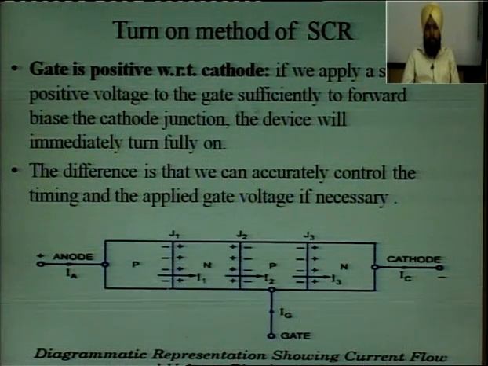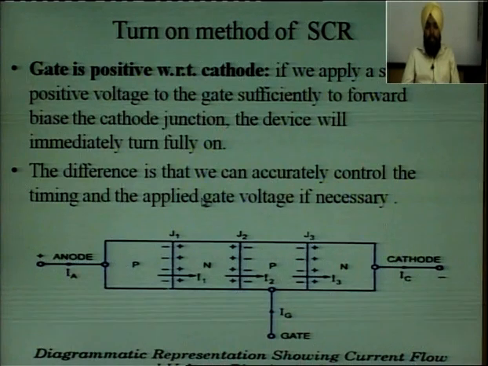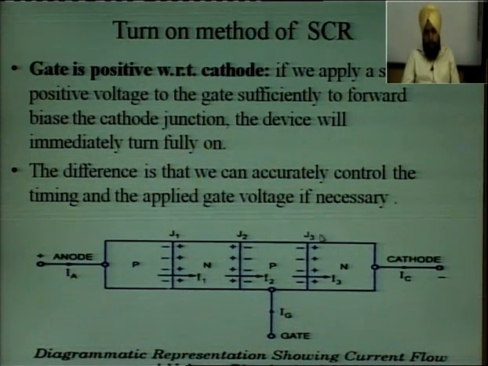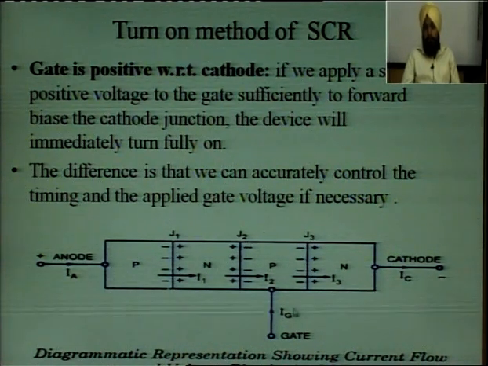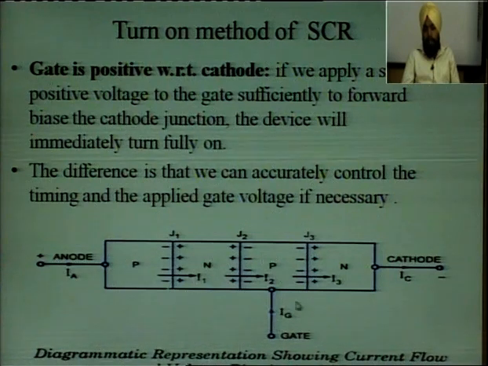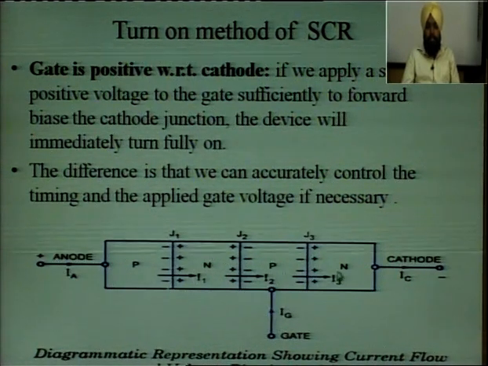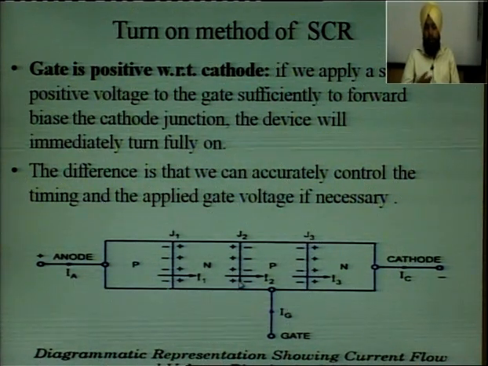So, if we apply a small positive voltage at the gate, sufficiently forward biasing the cathode junction, the device will immediately turn fully on. Previously, when the gate was open, junctions J1 and J3 were forward bias and junction J2 was reverse bias. But if we apply the gate pulse over the gate terminal, then J1 and J3 are already forward bias, and junction J2 will also become forward bias.